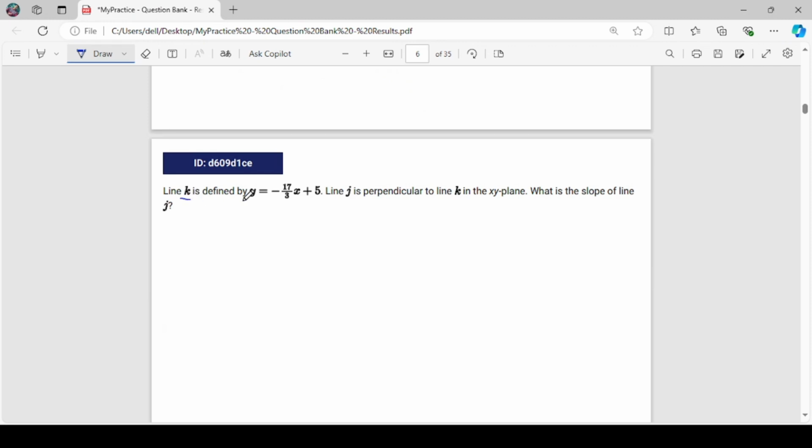Question. Line K is defined by this equation. Line J is perpendicular to line K in the xy plane. What is the slope of line J? When a line is perpendicular to another line, its gradient is the negative reciprocal of the gradient of the other line.